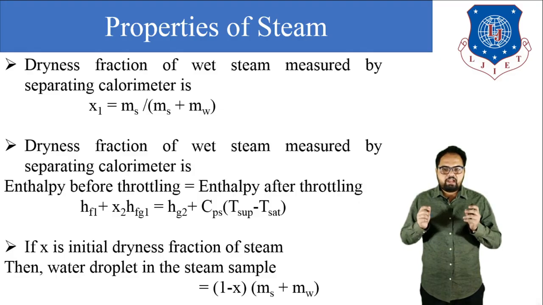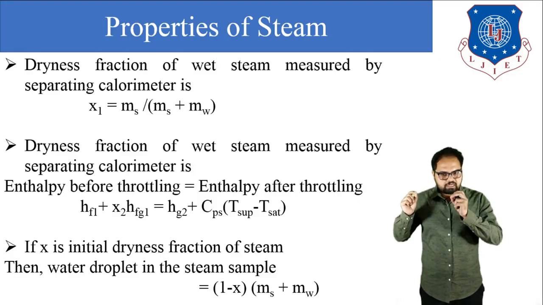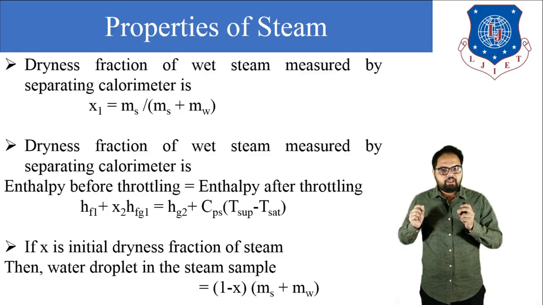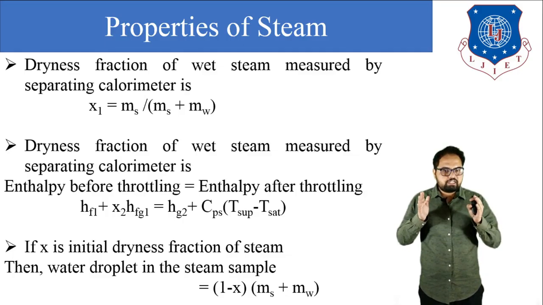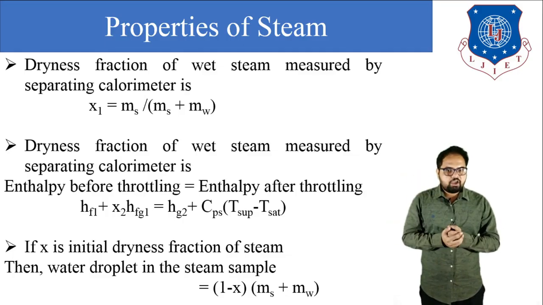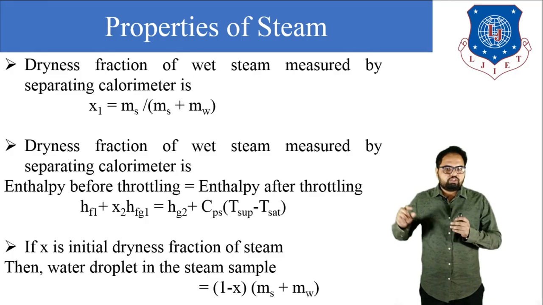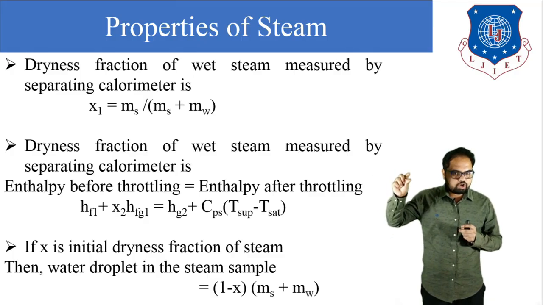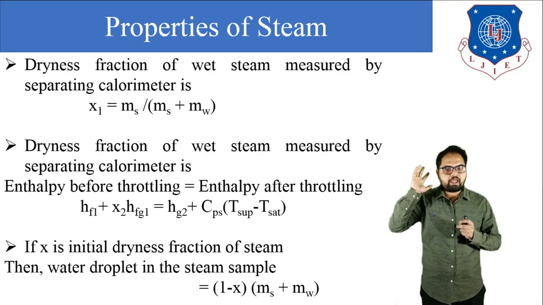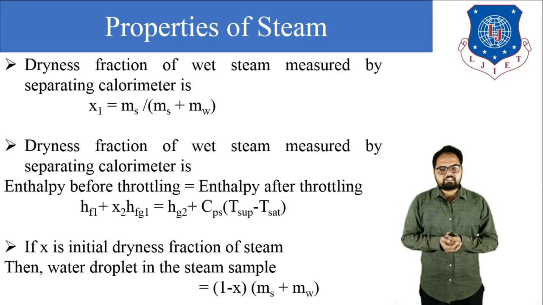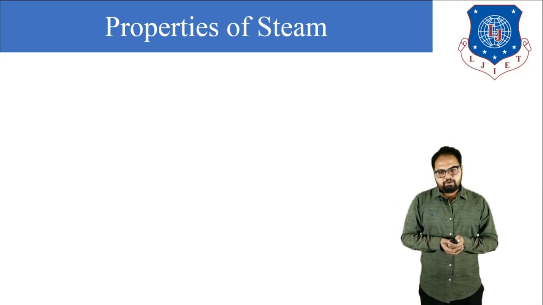First of all, let us assume that x is the dryness fraction of the steam, and the water droplets inside the main steam line are 1 minus x, and the total mass of the steam will be Ms plus Mw. So the total wetness of the steam inside the main steam line is (1 minus x) times (Ms plus Mw).